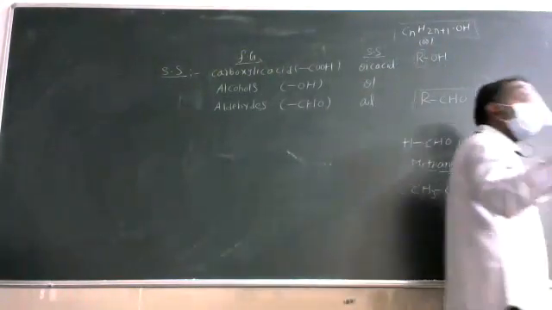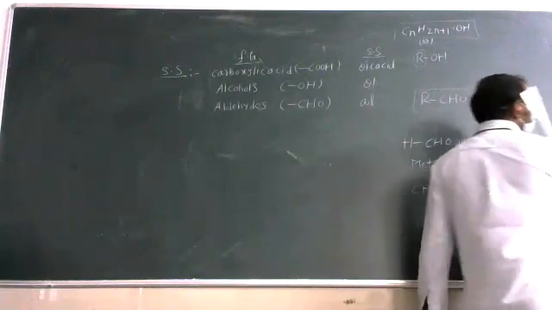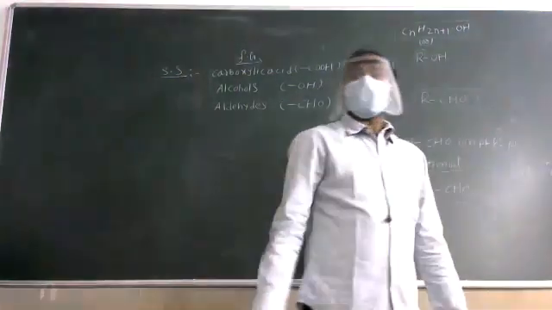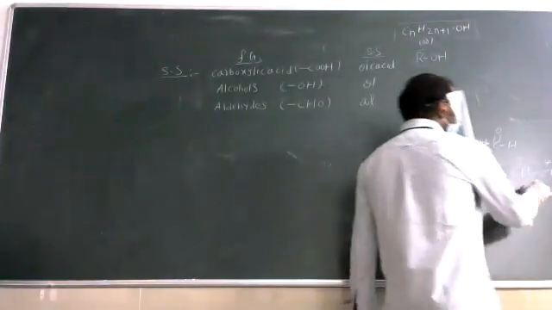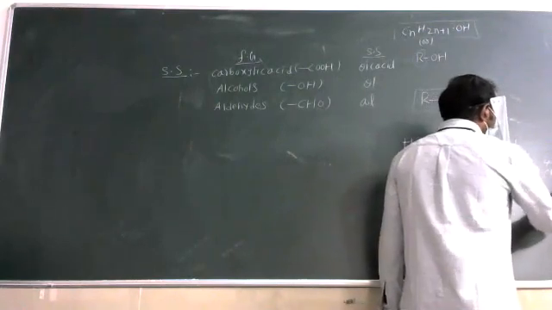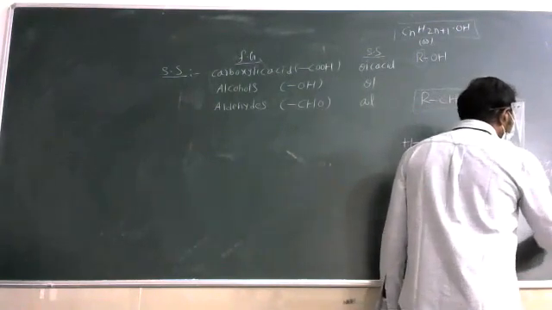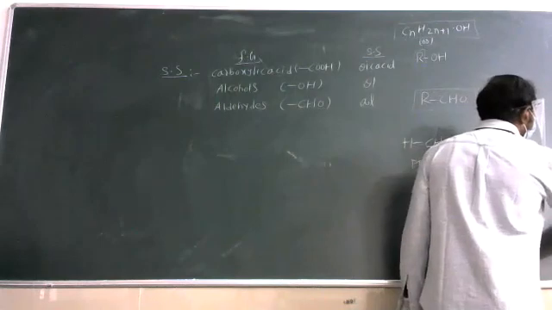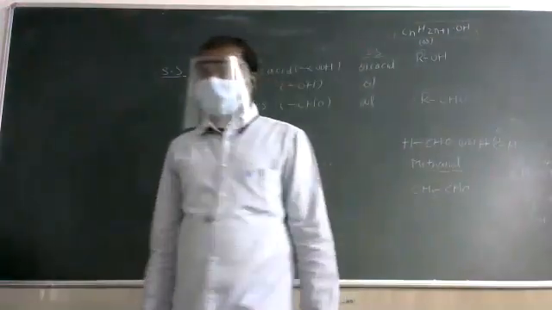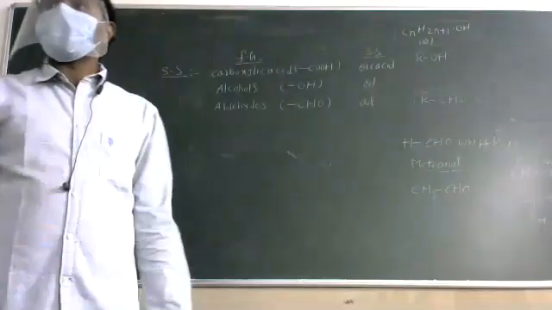According to the rules, the CHO carbon is also included in the root word. Total number of carbons is 5, so the root word is pent, the primary suffix is A, and the secondary suffix is AL. The IUPAC name is pentanal.